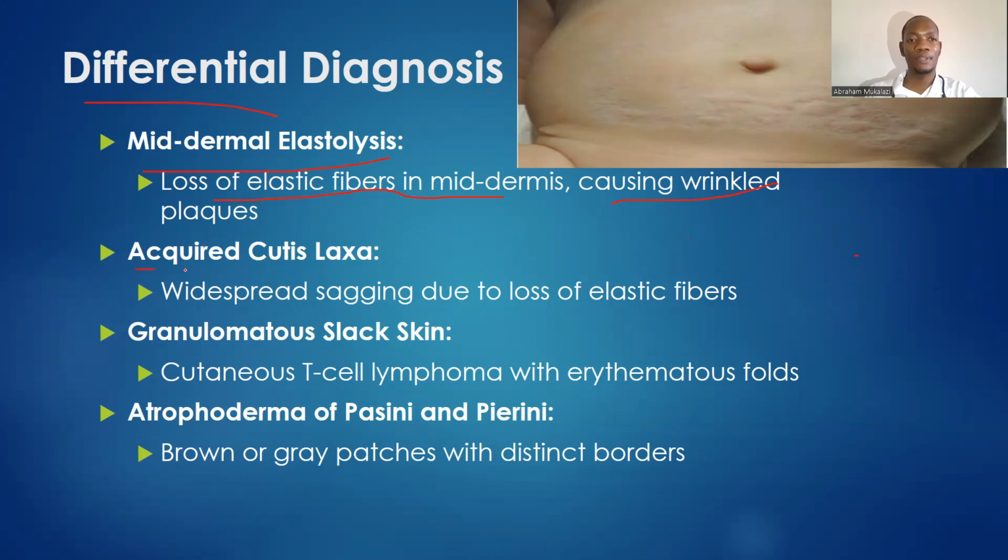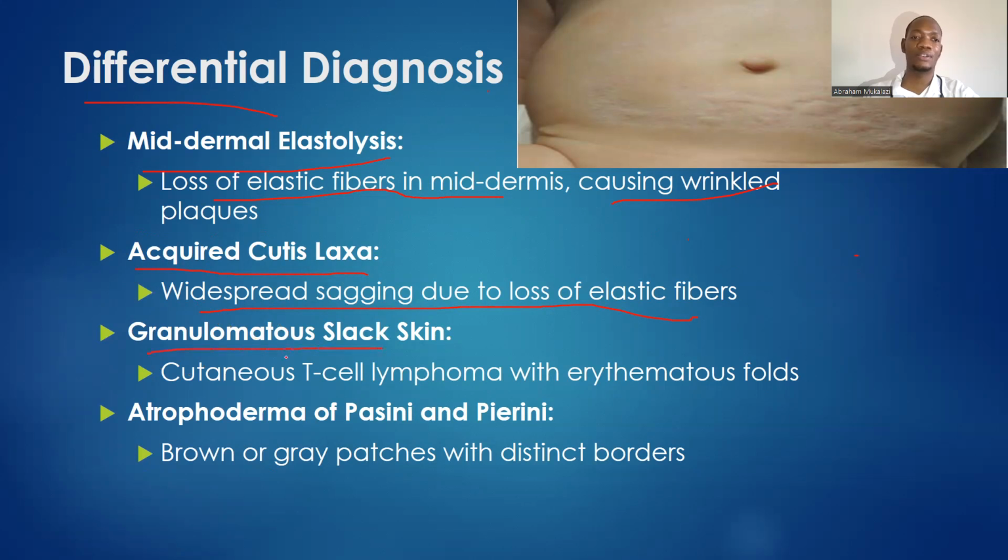The other differential would be acquired cutis laxa, in which someone has widespread sagging of the skin due to a loss of elastic tissue, and will appear more old or elderly, with that aged skin. So a child is around 15 years, but when you look at them, they look much older.